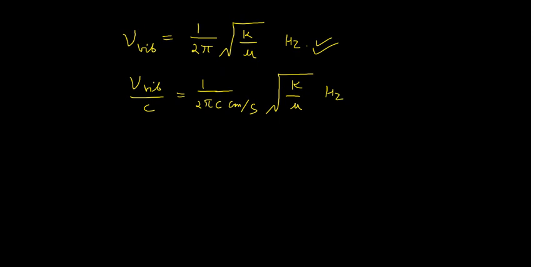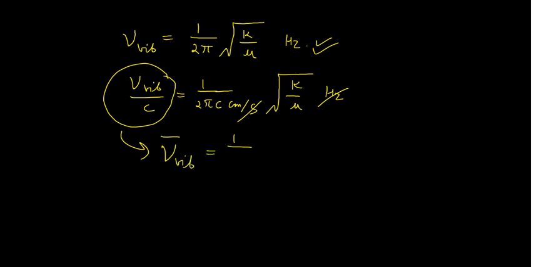So hertz is actually the centimeter inverse, so this will cancel out, right, and your formula would become nu wave bar equals 1 upon 2 pi c under root of k over mu, in centimeter inverse, okay.